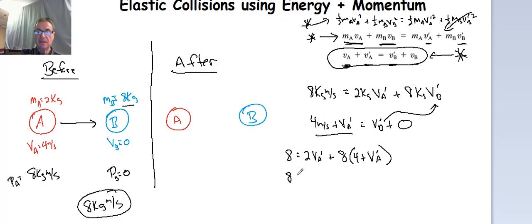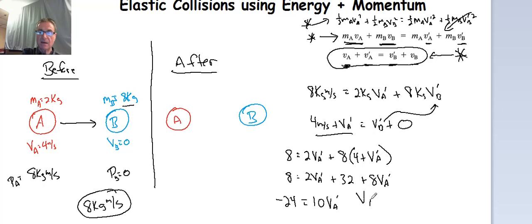I've got 8 is equal to 2 Va prime plus 8 times 4 is 32 plus 8 times Va prime. I subtract 32 from each side. I get negative 24 on the left-hand side, equal to 2 and 8 is 10 Va prime.